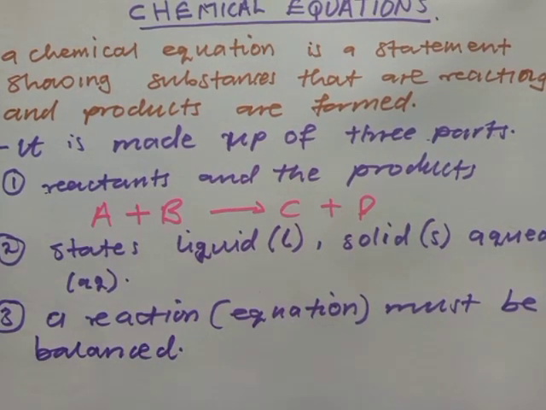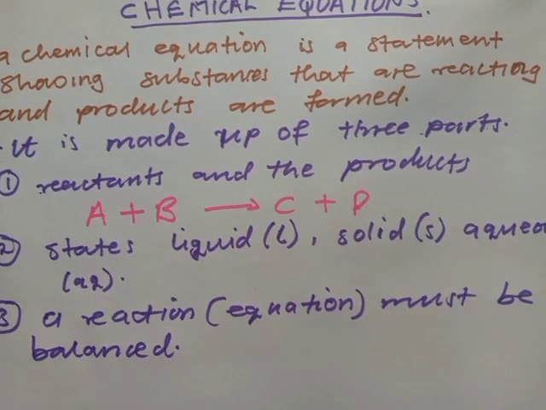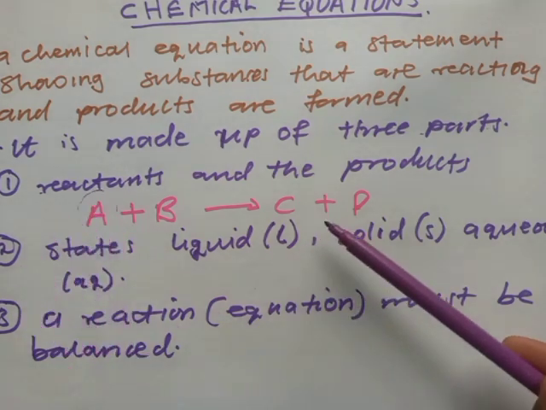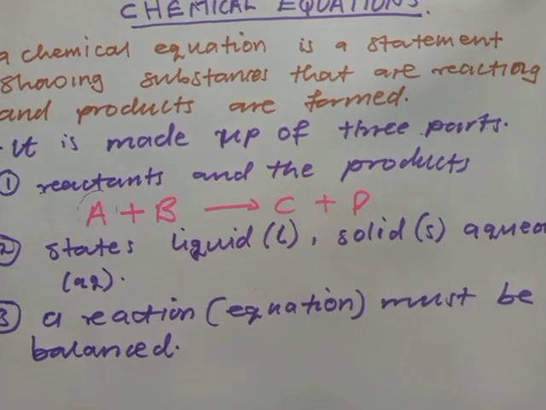What is the meaning of being balanced? That simply means the total mass on the left hand side must be equal to the total mass on your right hand side. In short, the substances that you're going to have here, if they are common with those on your right hand side, they must have the same number of mass based on the subscripts or the coefficients you are going to use.